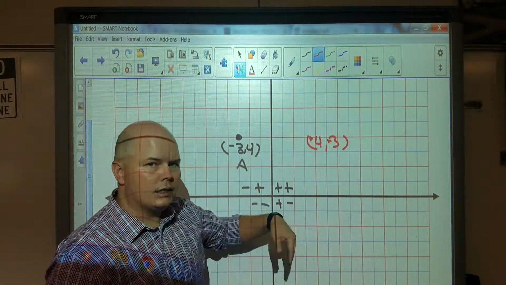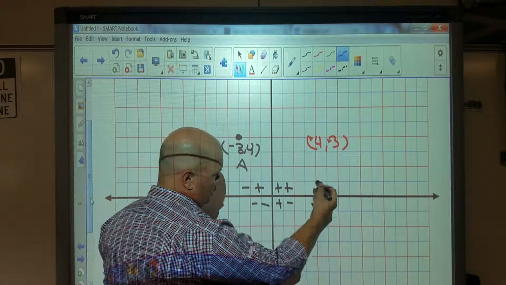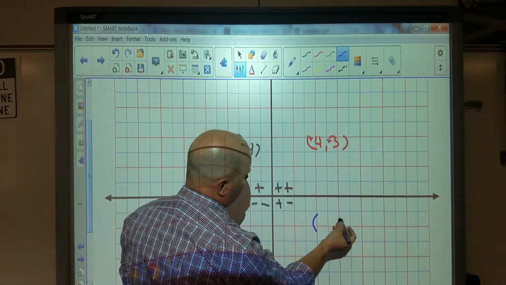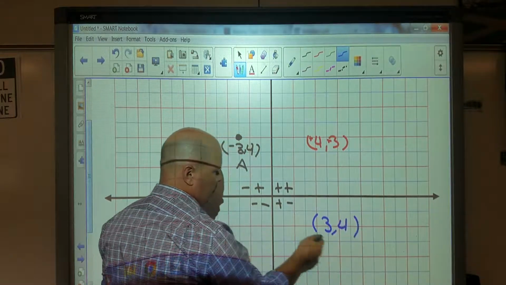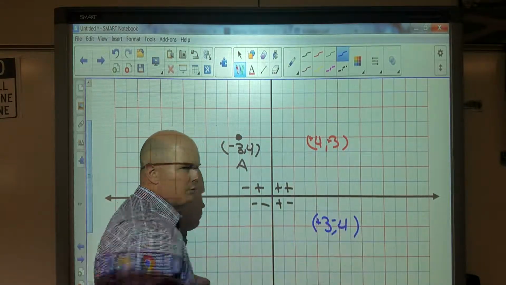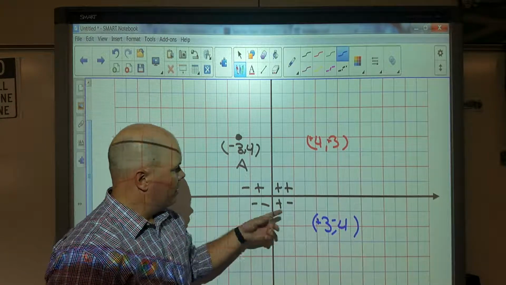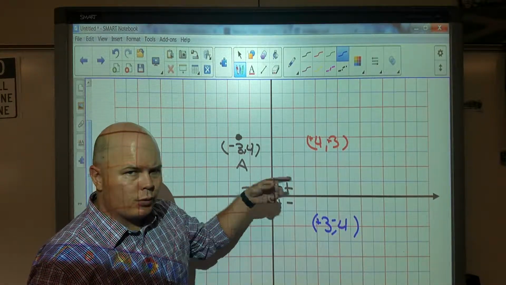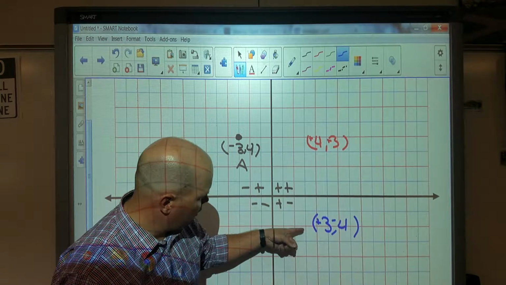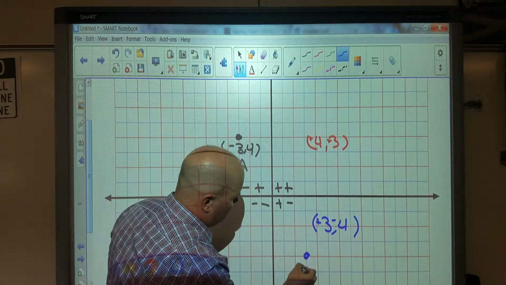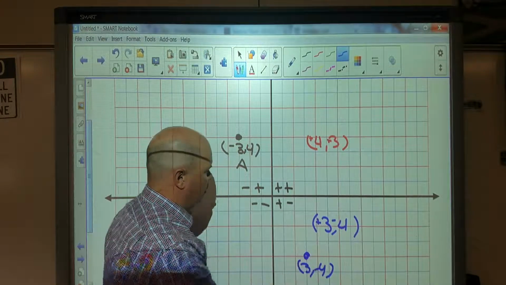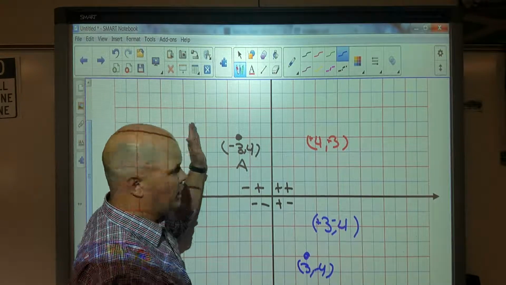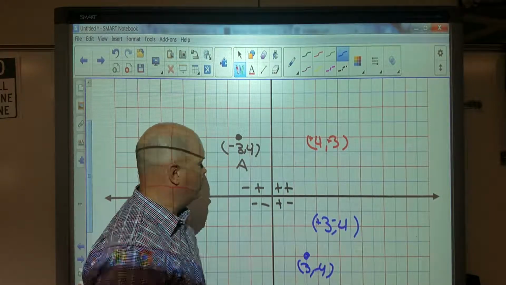When I go to my next quadrant, I'm going to flip down here, flip them again, and bring back in my new signs, which will put me at plus minus. Okay? This is where I'm going to be. So now all I have to do is regraph this at 3, negative 4, and that's the result of my 180-degree rotation. I'm just paying attention to what quadrant I'm moving into.